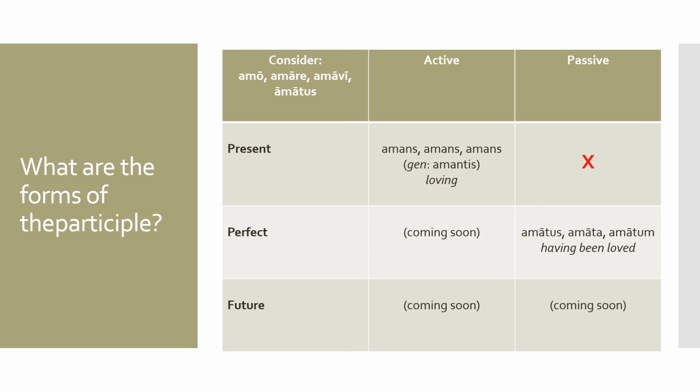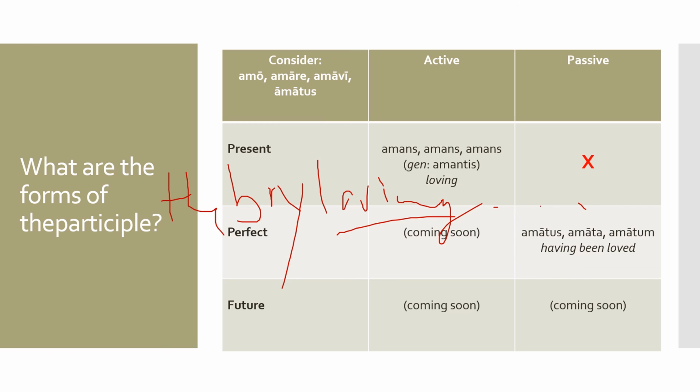So we could say the boy loving, dot, dot, dot. Loving would be your present participle.